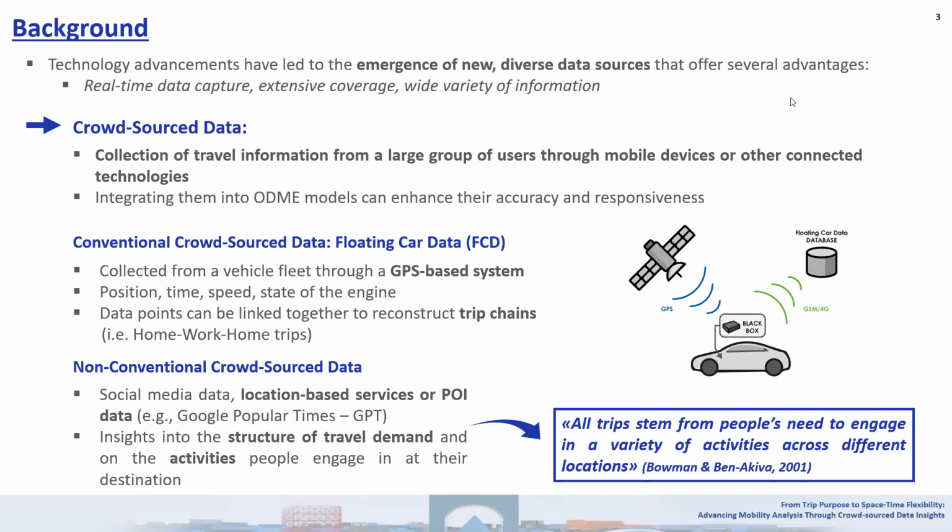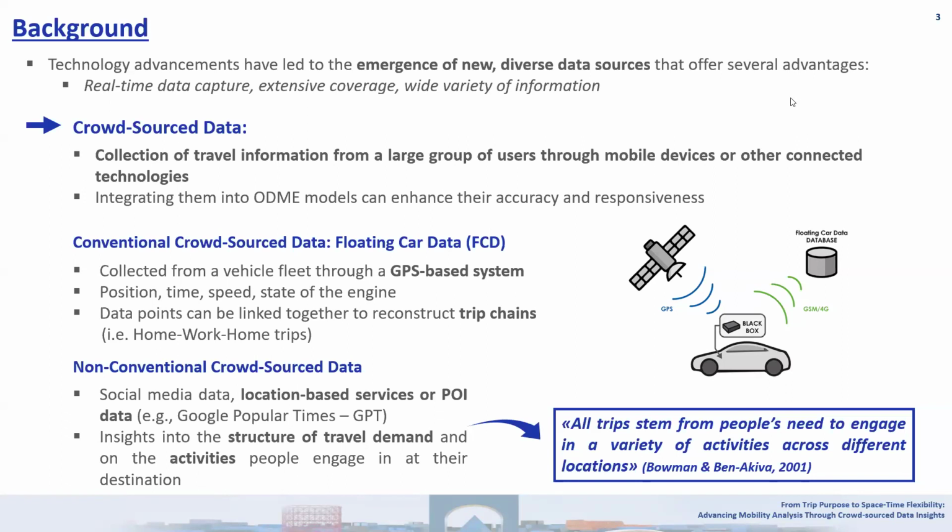But there are also some additional data. Now that I listened to your presentation about freight transport, I started to think about how to adopt this new type of data, for example, for the optimal location of parcel lockers, or to locate depots for freight and so on. I am speaking about point of interest data, which are data about the location of activities, and Google Popular Times.